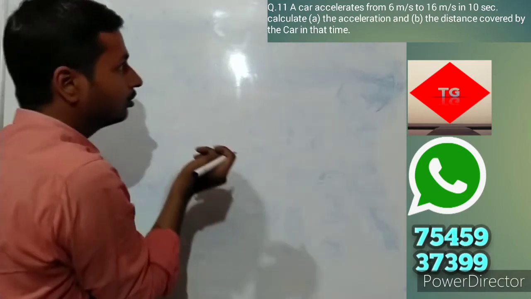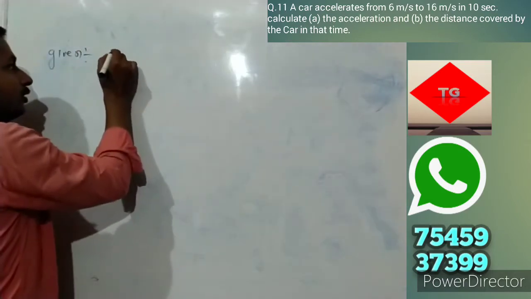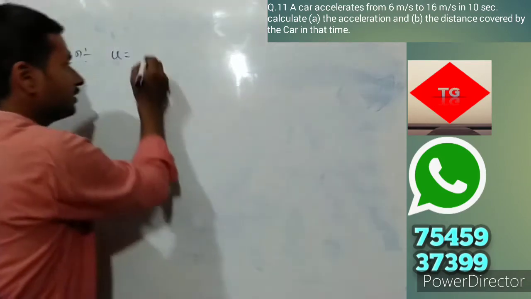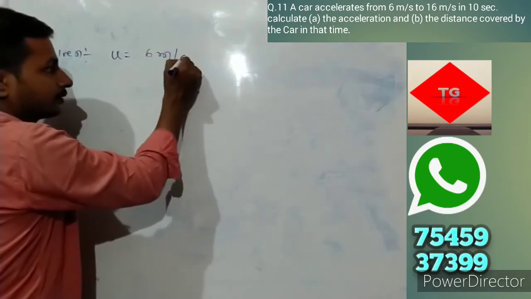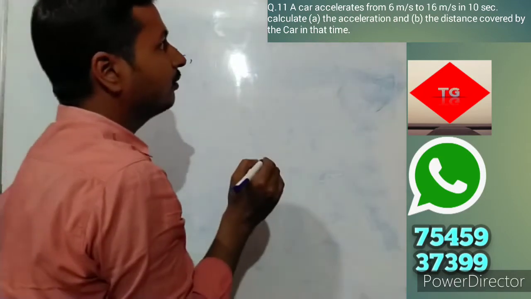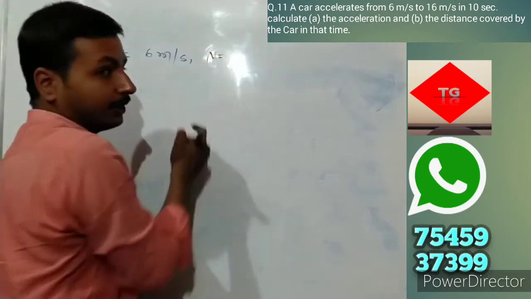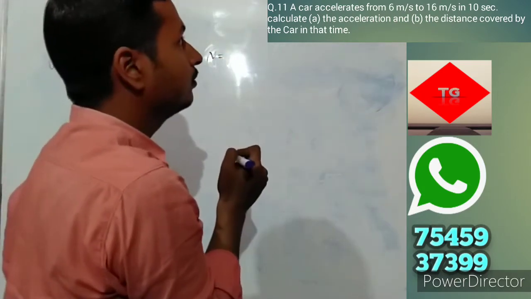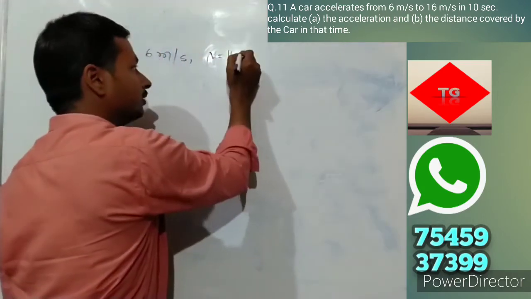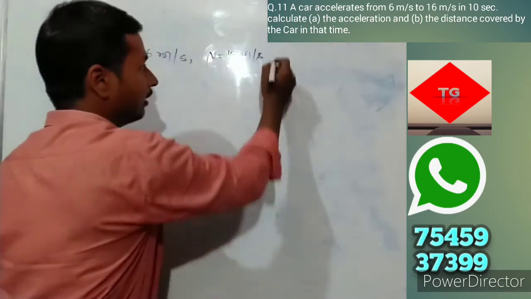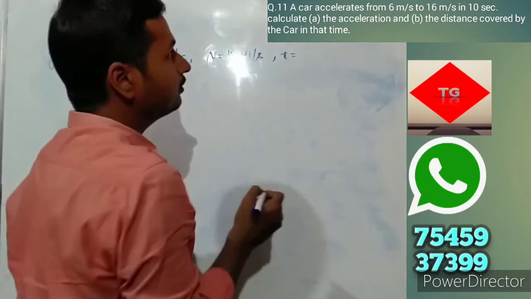So the initial velocity is 6 meter per second, and the final velocity, sorry, is represented by v. The final velocity will be 16 meter per second, and the time is 10 seconds.